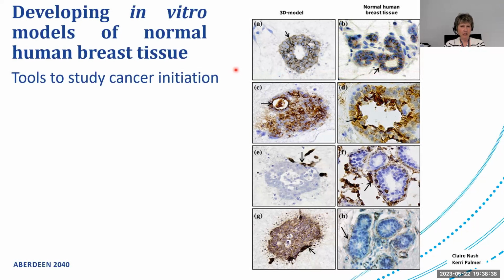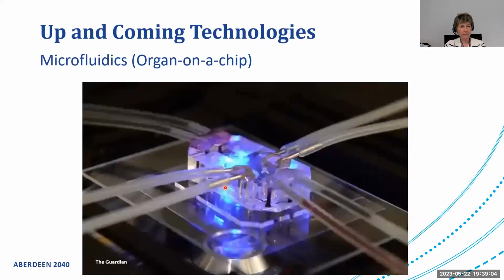And you can see that with each of these biomarkers, we see very similar profiles when we develop the 3D in vitro model. And we've gone on to use these models to study the initiation of ductal carcinoma in situ. And these models are very reminiscent of what DCIS looks like in human tissues.